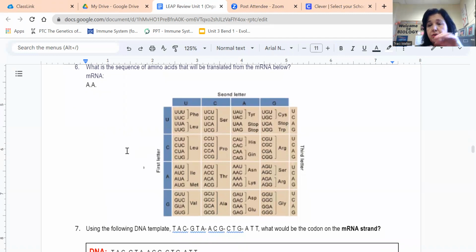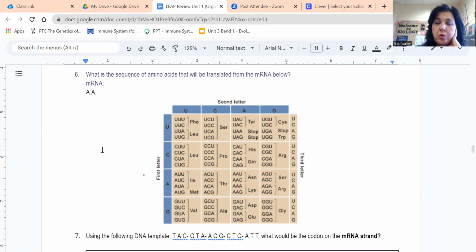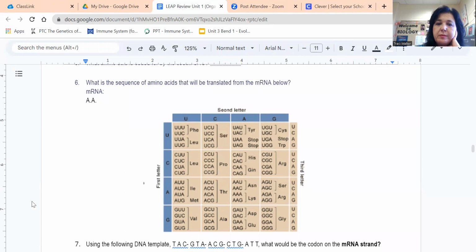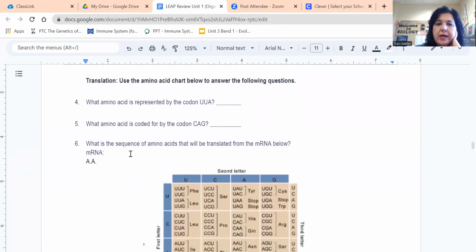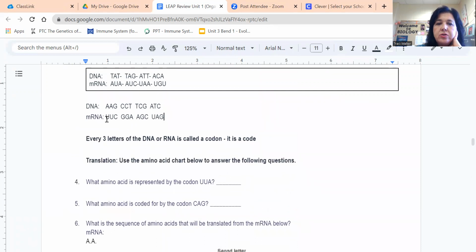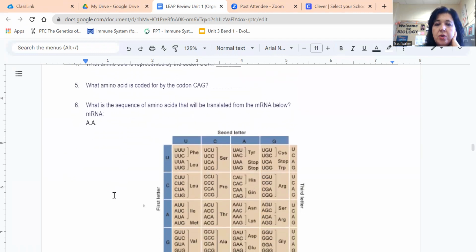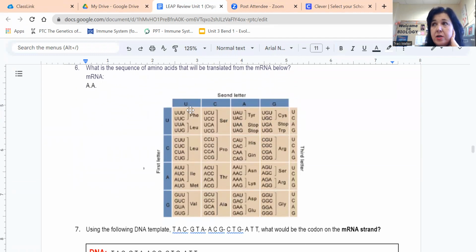Now, there are two types of charts. There's the square chart like this, and then there's also a circle chart that you've probably seen before. But we're going to use the square chart today in our practice. Okay, so since each of these three letters is a codon, it is a code for a specific amino acid.